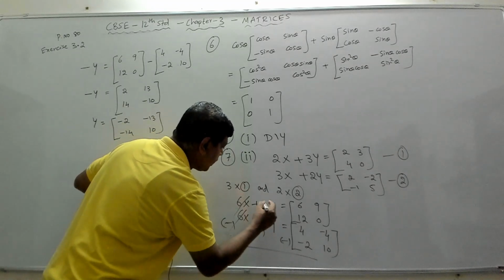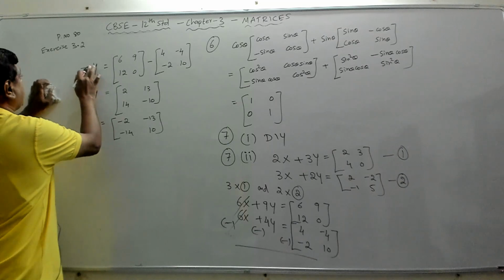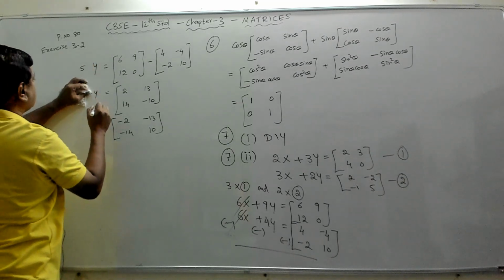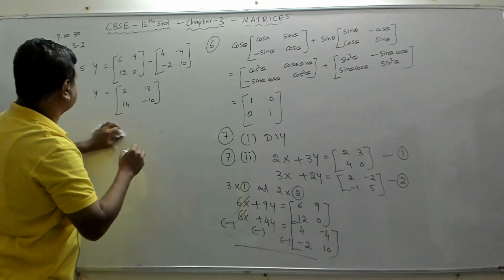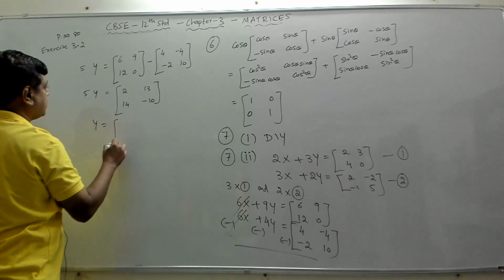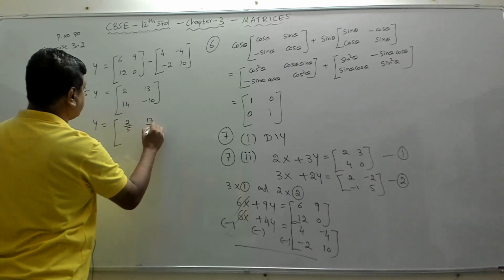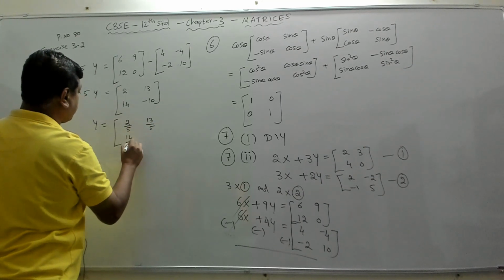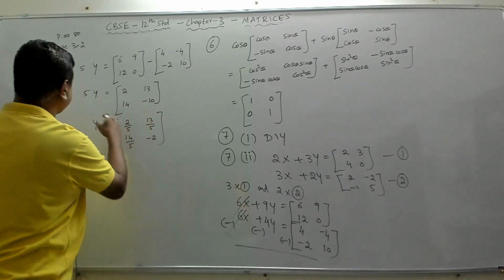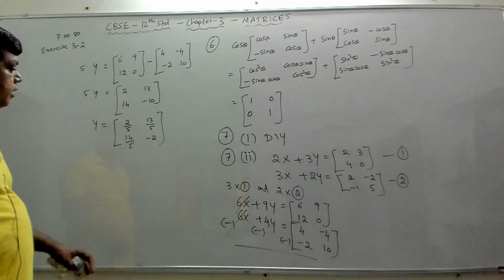So 9 minus 4, this will become 5y. So your y will become 2 by 5, 13 by 5, 14 by 5 and minus 2. Divide each element by 5. Clear? So your matrix y is 2 by 5, 13 by 5, 14 by 5 and minus 2.